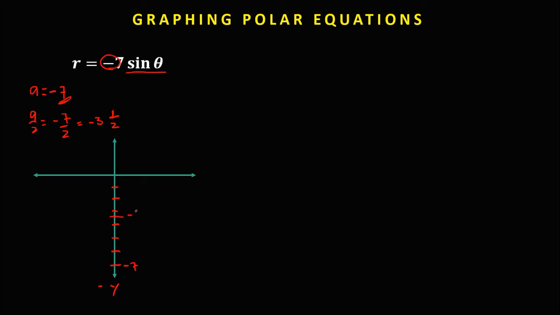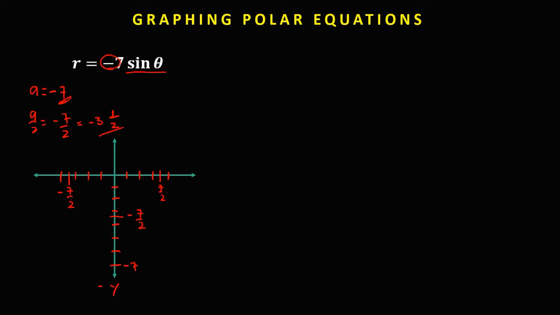So this one is negative 7 over 2. Then we also have this 3 and 1/2. So 1, 2, 3, 4. So this one is 7 over 2. Then 1, 2, 3, 4. So this one is negative 7 over 2.